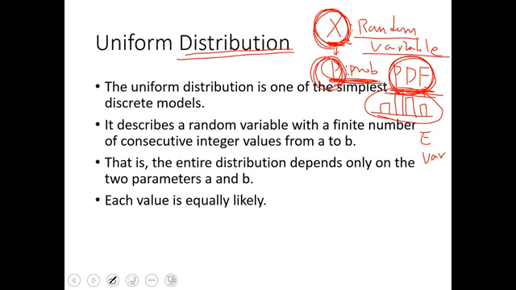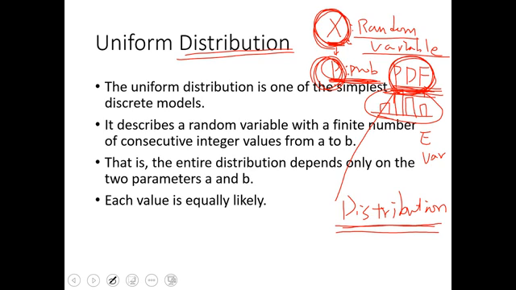Okay? And another name of the probability distribution function is simply distribution. So to study the distribution means to study the probability distribution function or the cumulative distribution function.